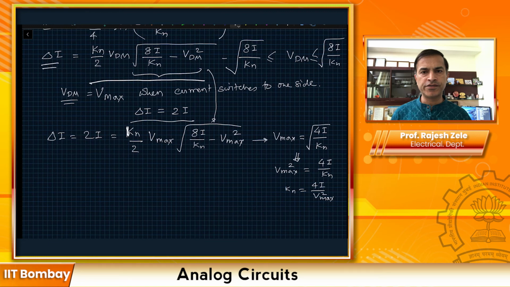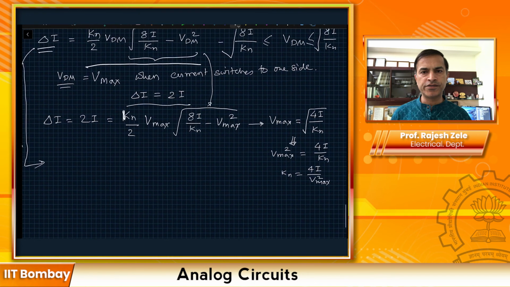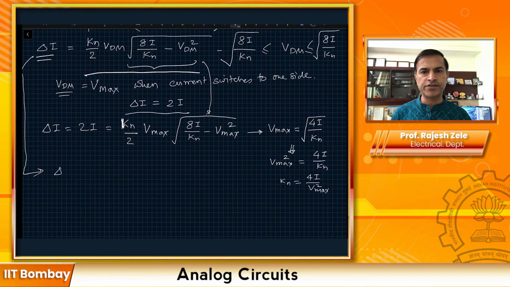So come back to our delta I. Come back to that expression. What is that expression? Delta I is equal to Kn divided by 2 VDM and square root of 8I by Kn minus VDM square. So that's the original equation.